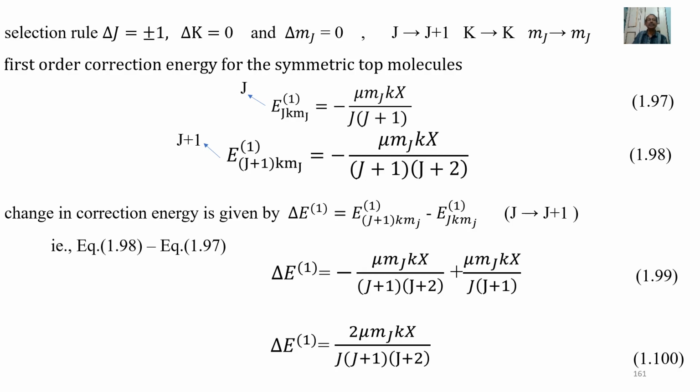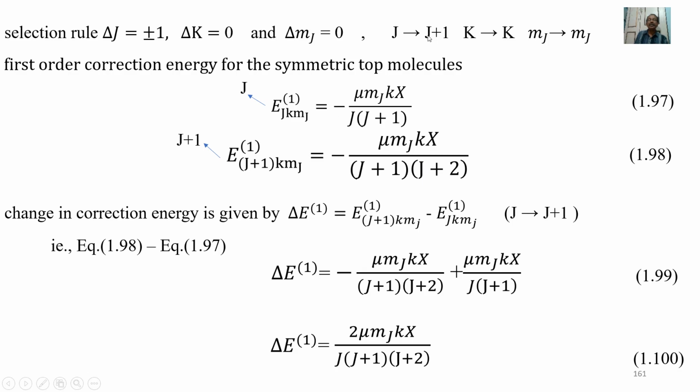We are going to calculate the Stark effect for symmetric top molecules. Equation 1.97 is for J and equation 1.98 is for J plus 1. You just substitute J plus 1 instead of J here, and you will get equation 1.98.